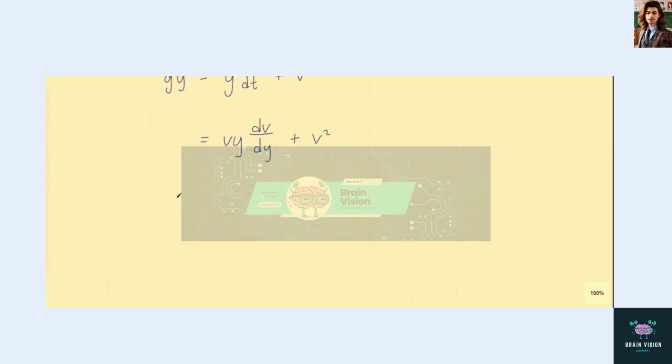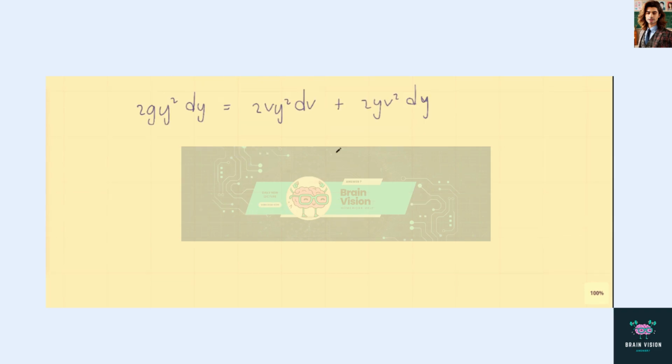So if we take this equation and multiply both sides by 2y dy, we get 2g y squared dy is equal to 2v y squared dv plus 2y v squared dy.